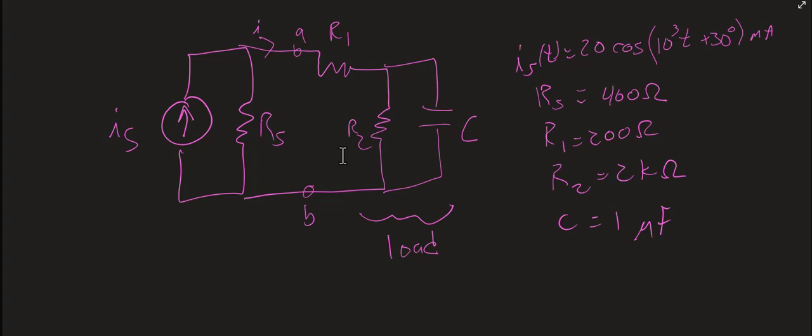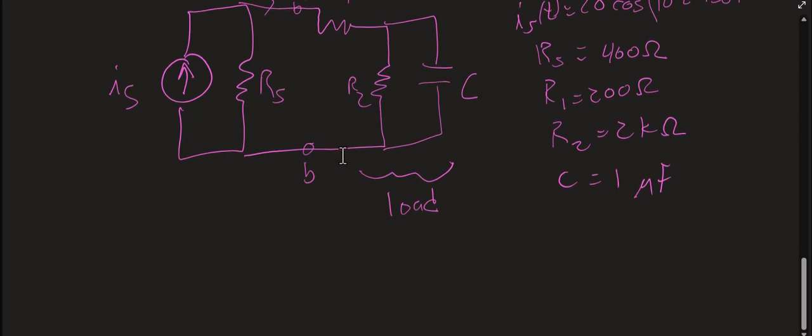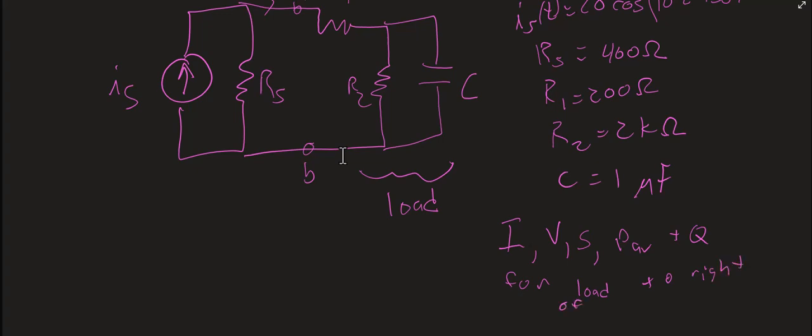And I want to determine I, V, S, P average, and Q for the load to the right of AB, and I also want to determine the apparent power for the capacitor and the apparent power for the current source.